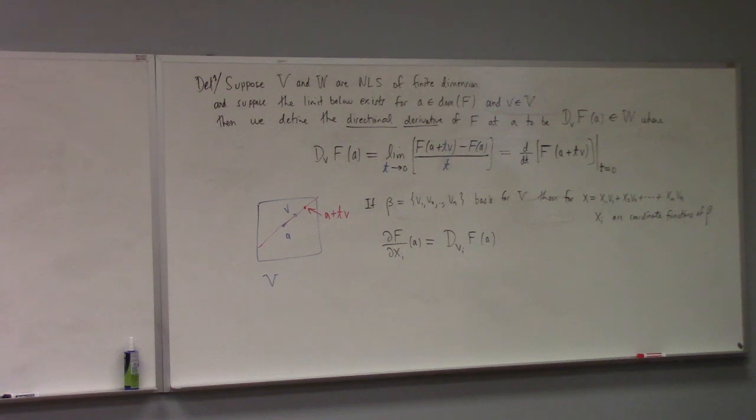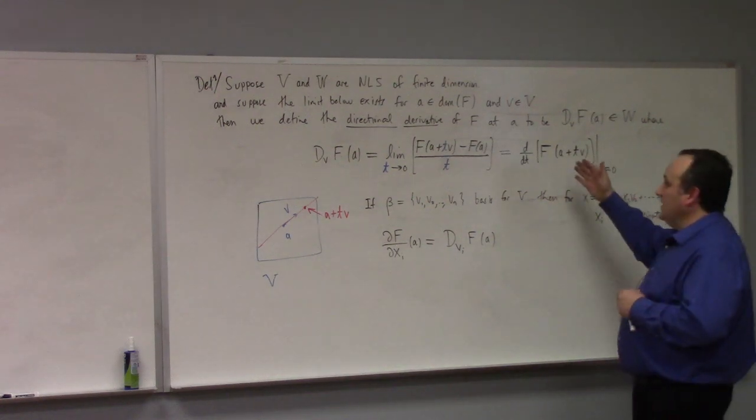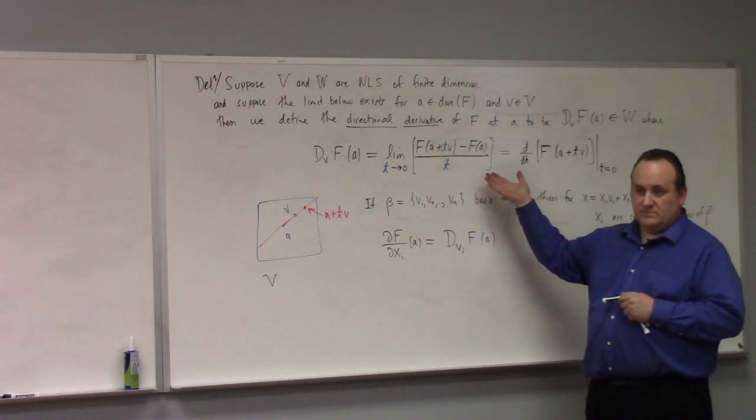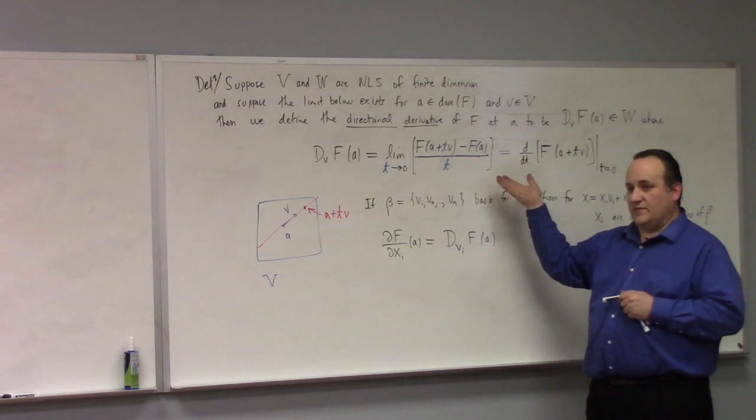This exactly aligns with the definition of directional derivative that we gave you in Calculus 3. Almost. The one caveat is that I'm not saying that v has to be a unit vector. We allow directional derivatives for vectors of arbitrary length.